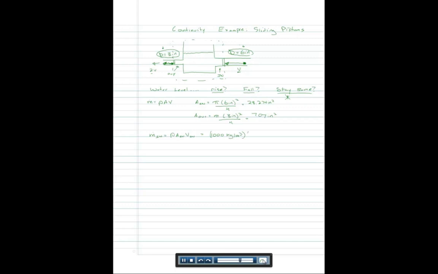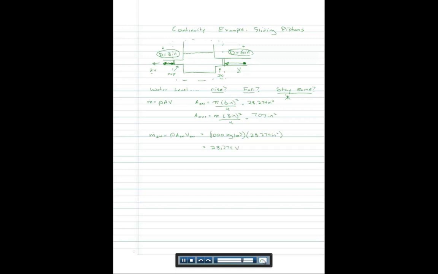The area in, we could convert from inches into square meters, but in this case there's really no need, because we're just going to be working in relative units anyway. So we might as well just leave it in 28.274 inches squared. As long as we're consistent in comparing the in and the out, we can get away with that.